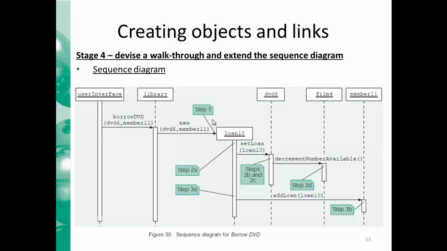And then we will inform film that the number of CDs for this particular film will be decremented by 1, and at the end to confirm to member 11 that the DVD is borrowed to him, and we will inform member 11 of the due date for returning that DVD to the library system.